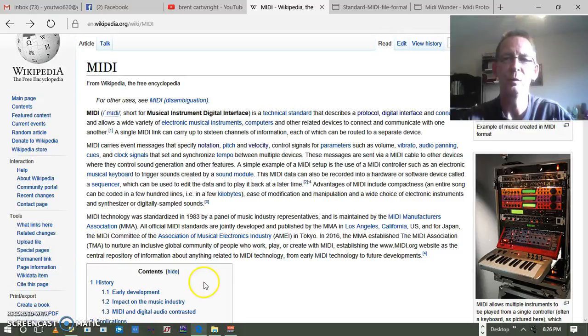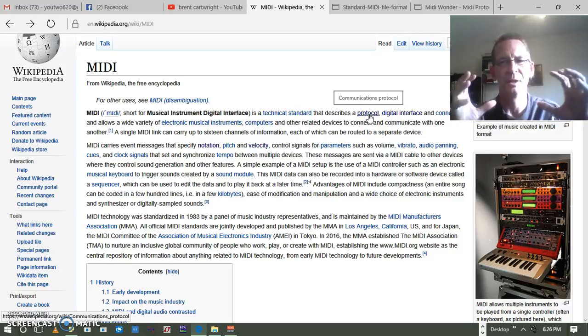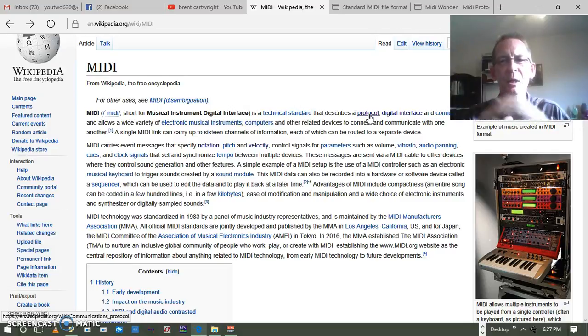So let's take a real quick look. We understand that protocol is basically like a language set up between two different people or two different systems, a computer and a keyboard, or however it's set up, so that those things can communicate. So when something says, patch bay 2, the other thing understands what's going on and what it's talking about.